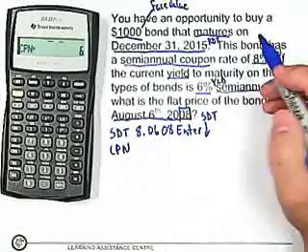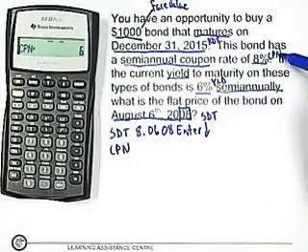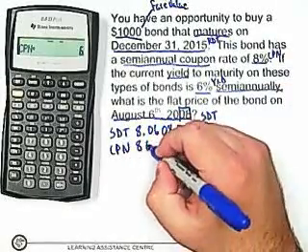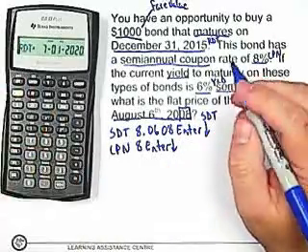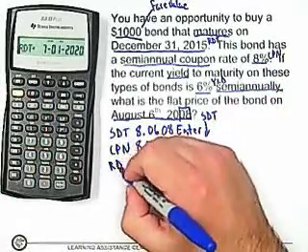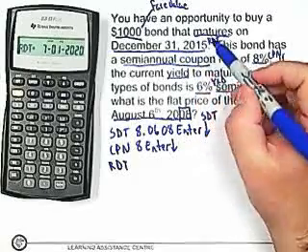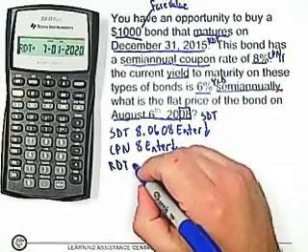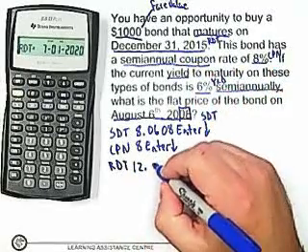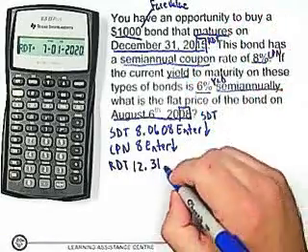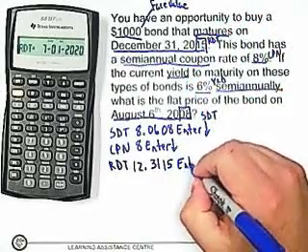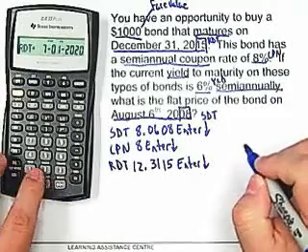Our coupon rate, if we search, we said coupon rate was 8%, so 8, enter, down. The redemption date is the December 31st, 2015, so December is the last month of the year, so that's 12. So 12.31, and then again the last two digits, so 15. Enter, down.